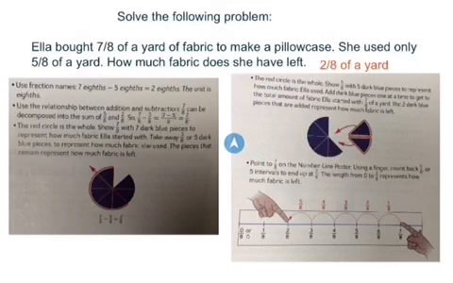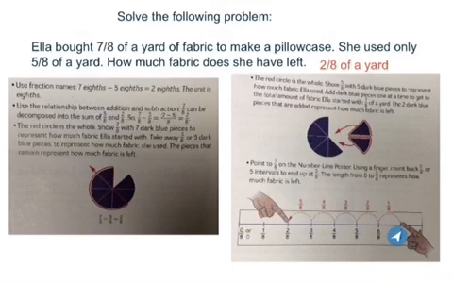Red circle is the whole, 5/8 is here, then add dark blue pieces one at a time to get the total amount that she started with, and the 2 dark blue pieces that are added represent how much fabric is left. That works. I could use the number line poster again.